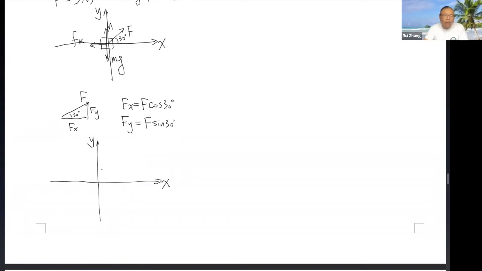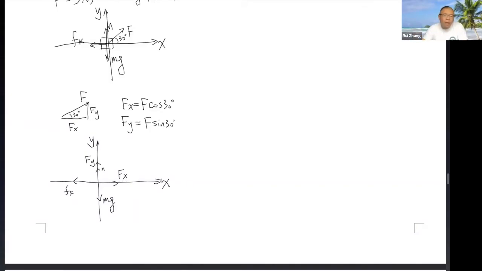For example, this Fx is going along the x direction. Fx here, we have fk going in the negative direction, and then we have gravity going down, normal force going up, and then Fy going up. So we have two forces going up, one force going down, fk going to the left, Fx going to the right. So we have all these 5 forces.